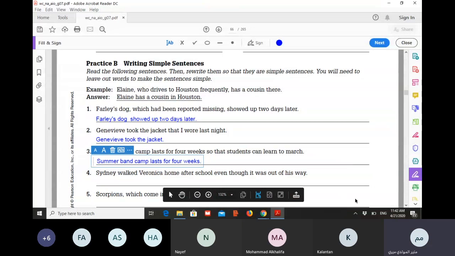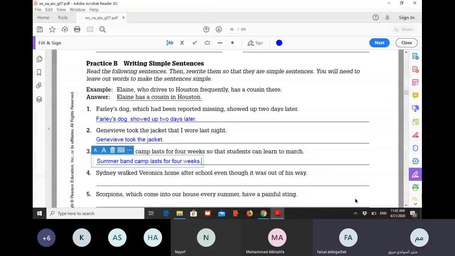Next, Naif al-Nuisr. Yes, can you do the next, please? Number 4. Yes, okay, I will do it. Should I read the sentence first or just do it? Sure, certainly. We need to read it first.